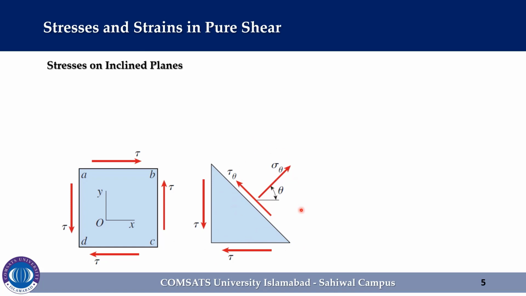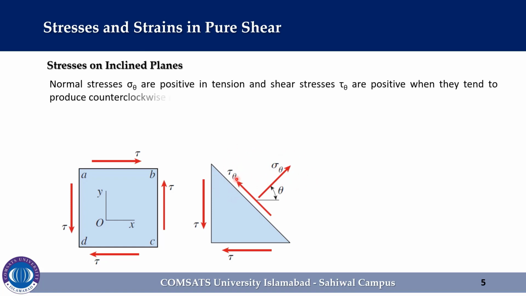The sign convention for shear and normal stresses was described previously and is repeated here. Normal stresses are positive in tension and shear stresses are positive when they tend to produce counterclockwise rotation of the material.